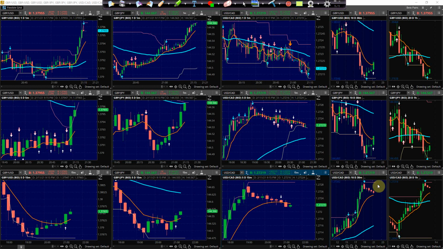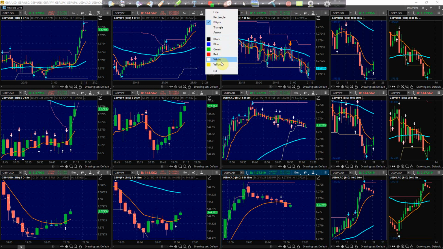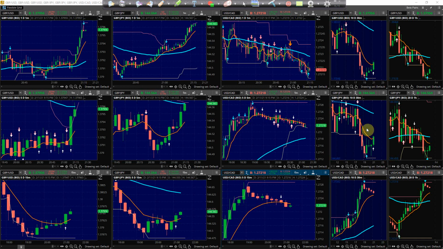So how do we trade these pairs, with all these arrows pointing up and down? It's actually very straightforward. What you want to do first is start with the longer terms, and what you're going to be looking for is a white, pink, or super arrow. This is a white arrow, and this is a super arrow where it's got a pink and a white inside.